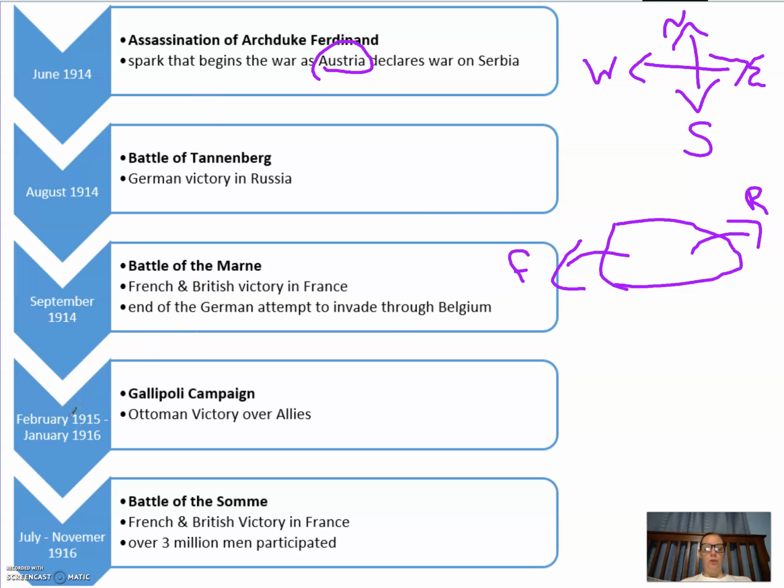From all of 1915 to early 1916 is something called the Gallipoli Campaign. Gallipoli Campaign is over Constantinople, that city that bridges the gap between Europe and the Middle East and Asia. And it's under Ottoman control, and the Ottomans are a central power. And under Winston Churchill, who later becomes the Prime Minister of Great Britain.